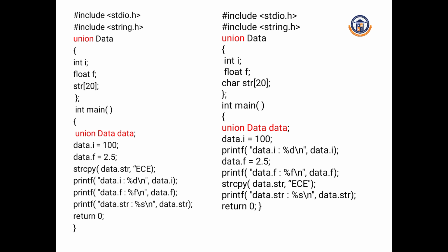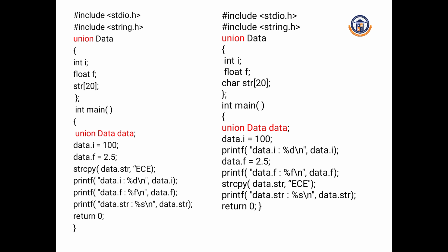So far we have declared the variables outside the union structure. You can also declare a variable inside the main function under the tag name capital Data with the keyword union. So the keyword is followed by the tag name capital Data, and then the variable name, which I define as small d data. That is a variable of the union structure with the tag name capital Data.